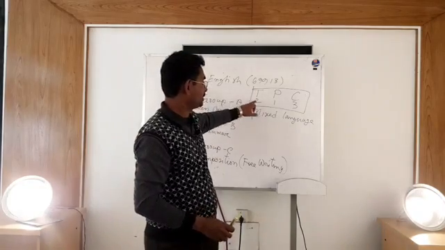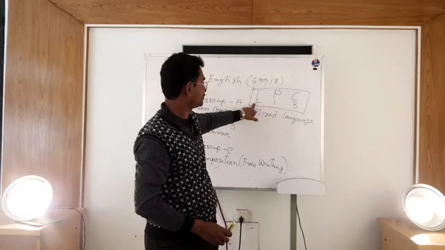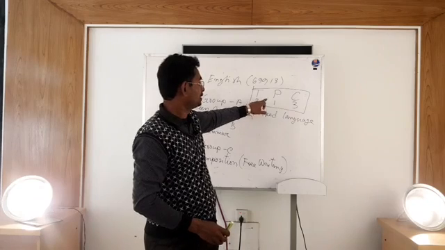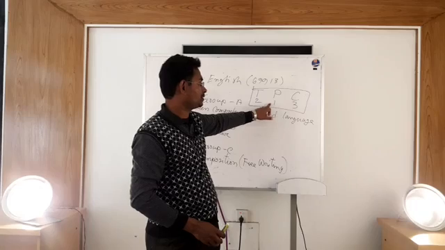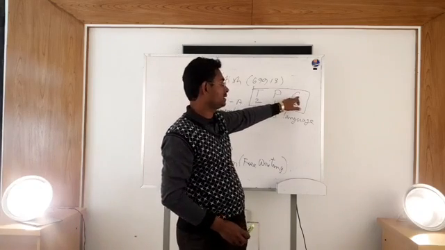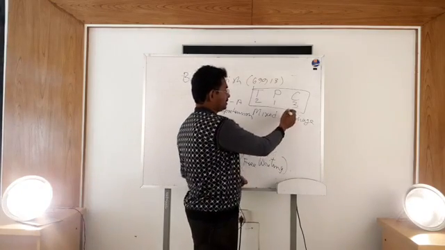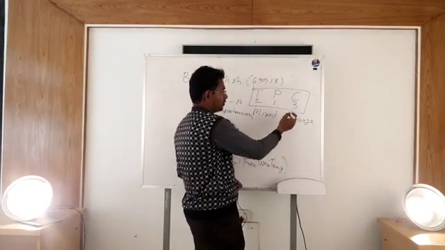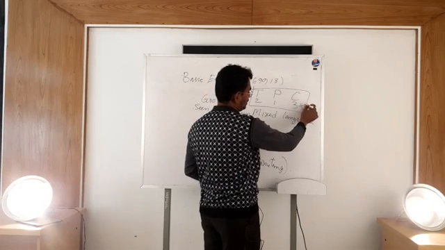Here T is for theory classes. Per week, 2 theory classes will be held, and P is for practical. Per week, only 1 practical class will be held, and C is for credit, and for this subject, the total credit is 3, and 1 credit equals 50 marks.